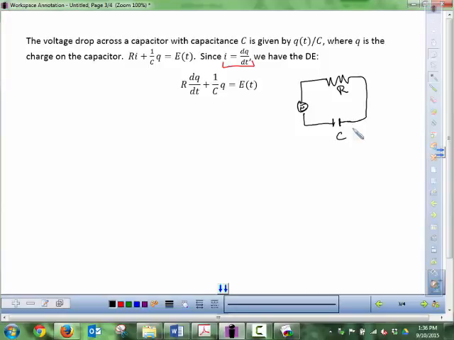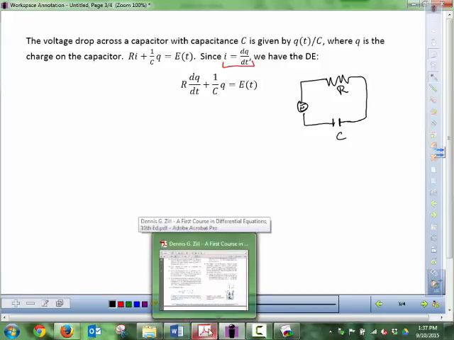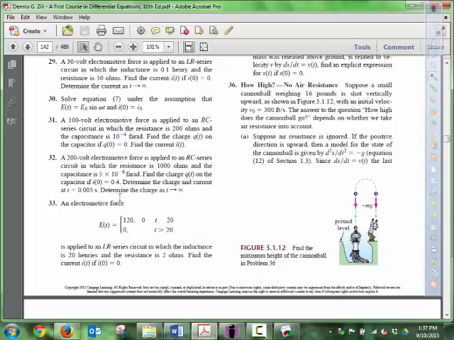Okay, let's see if we can try to do one of these problems. We need an RC circuit example, number 32.